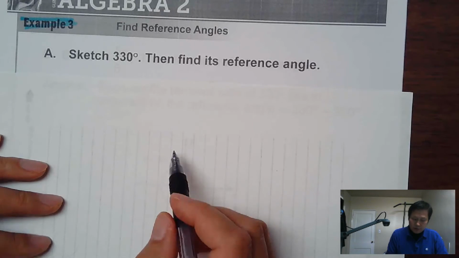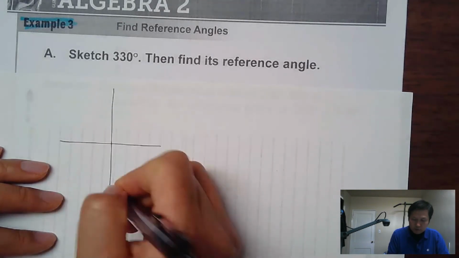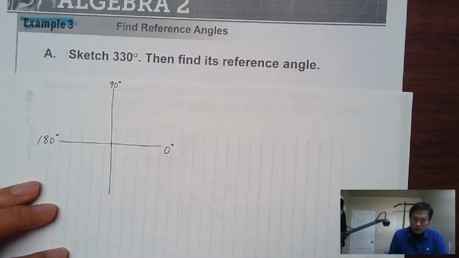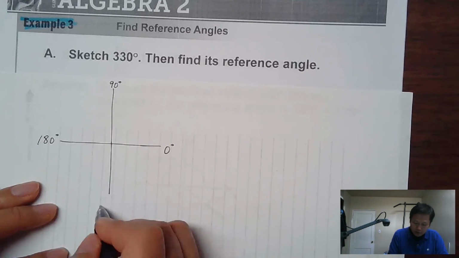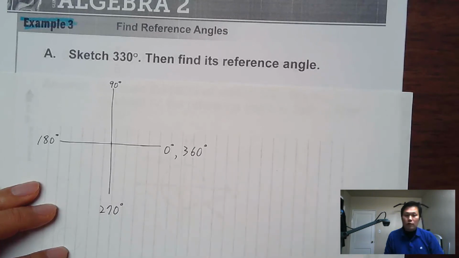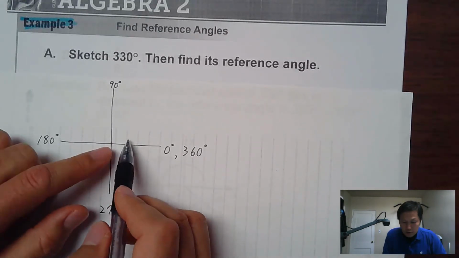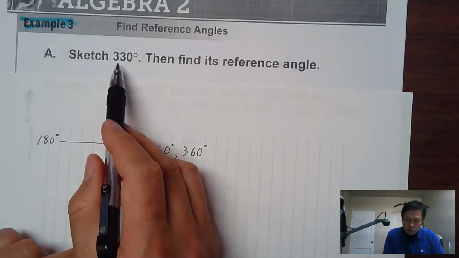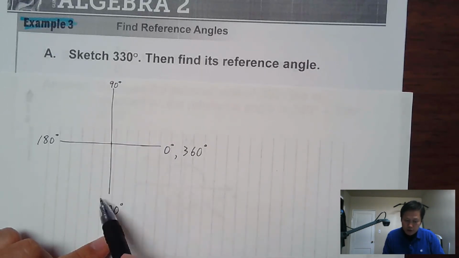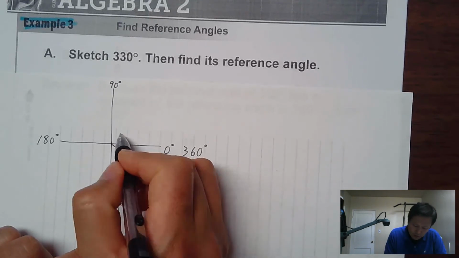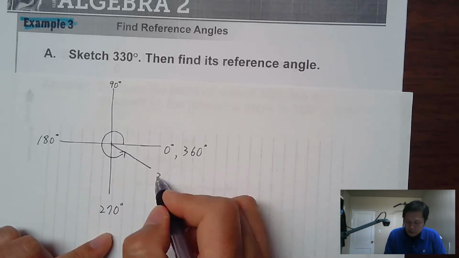So 330 degrees: you go 0 degrees here, 90 degrees here, 180 degrees here, 270 degrees here, all the way up to here to be 360 degrees. So starting from here, go all the way around. 330 degrees should be somewhere between 270 and 360. All the way up to here, that will make 330 degrees.